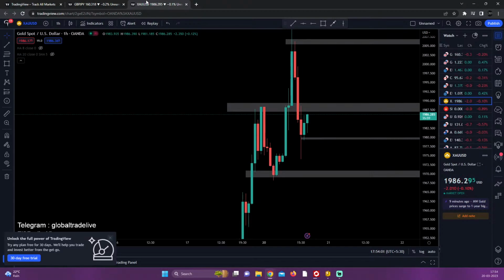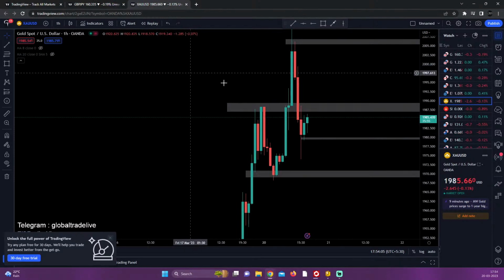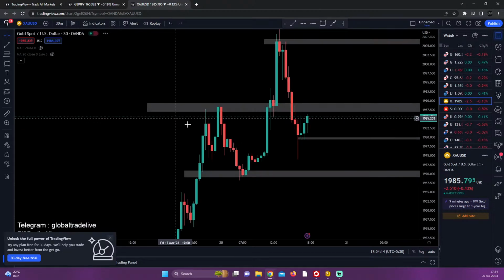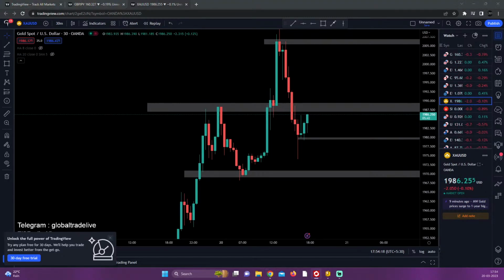As we see over here, gold is trying to push the price up again, and right now 5 minutes are left for the current 30-minute candle to close, and 35 minutes left for the 1 hour candle to close. So let's just wait and watch what the market is going to do over here.